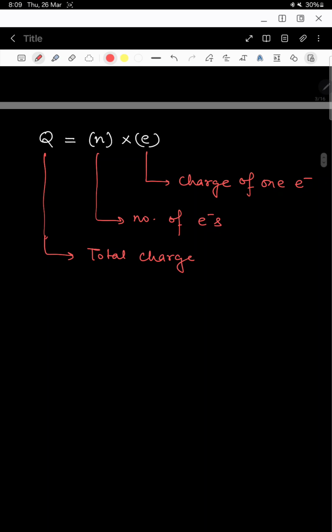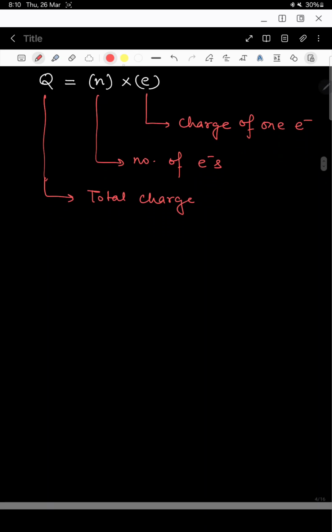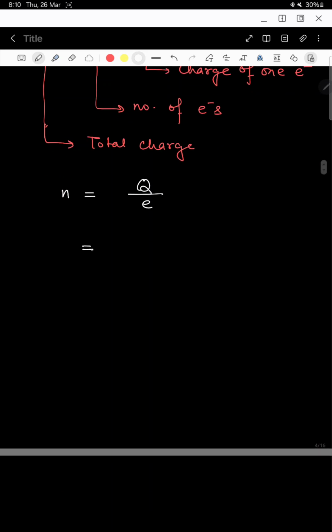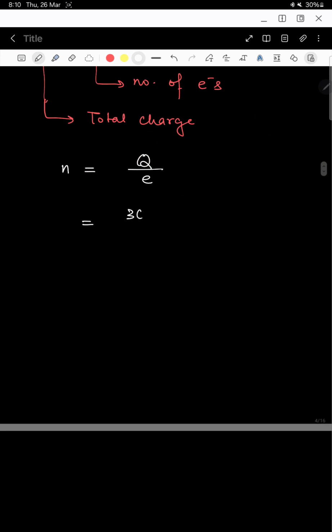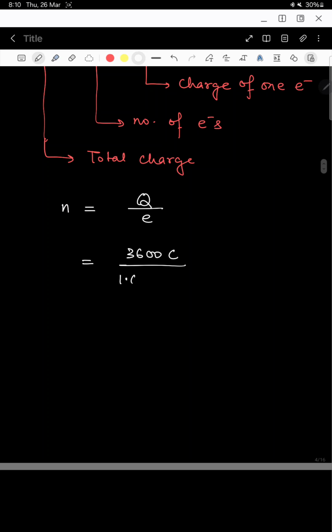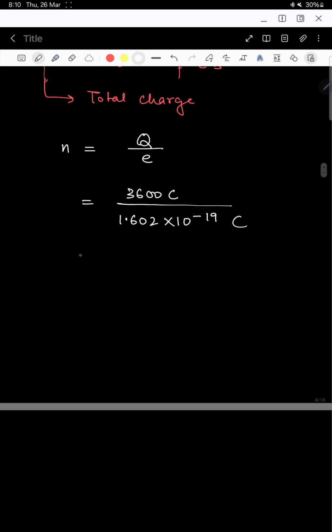Okay, so from here you can simply calculate the number of electrons, that is N is equal to total charge by charge on one electron. So Q, the total charge, is 3600 coulombs, and charge on one electron is 1.602 into 10 power minus 19 coulombs.